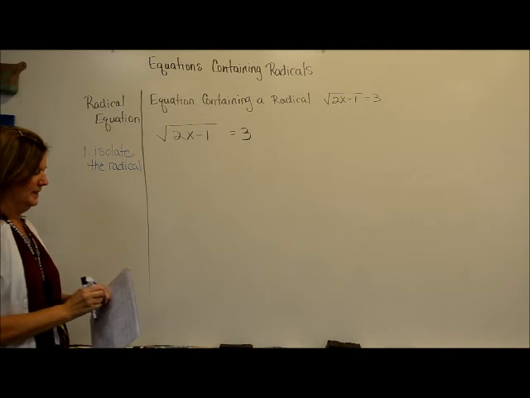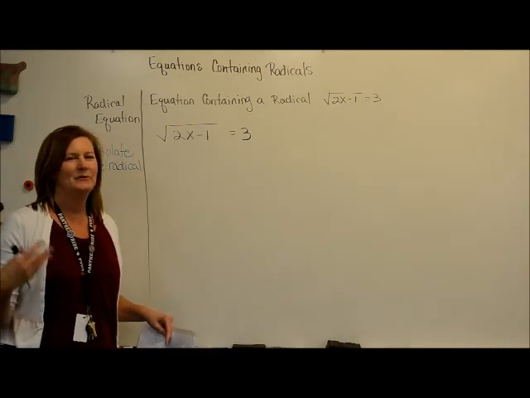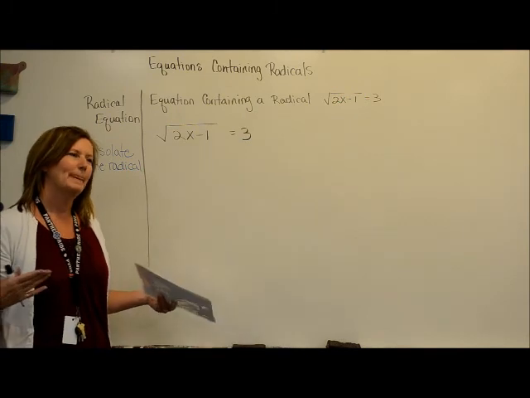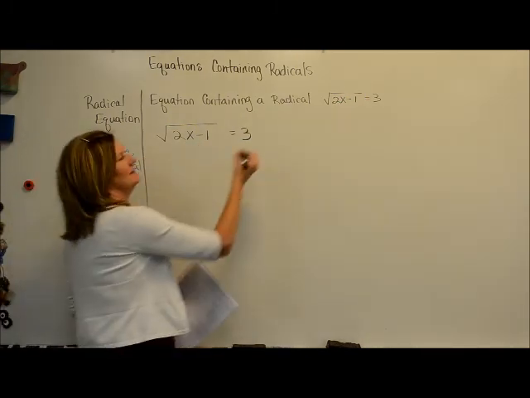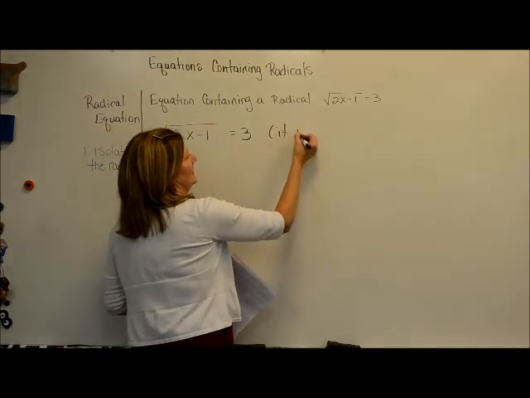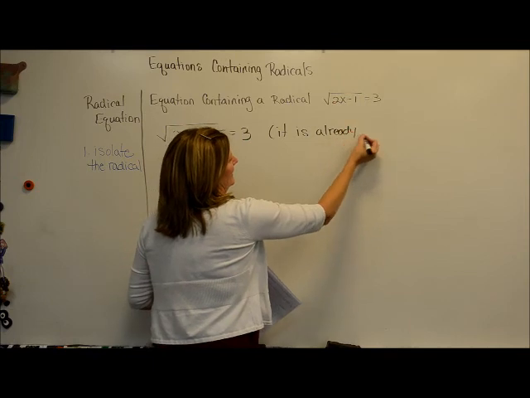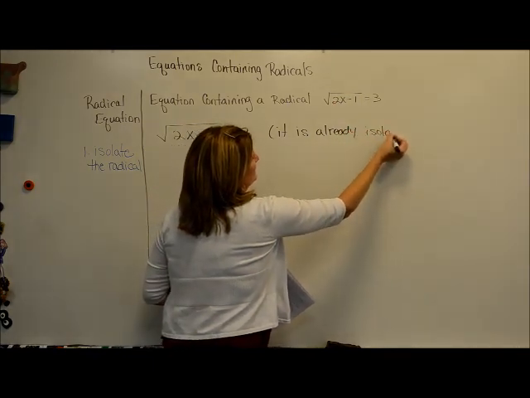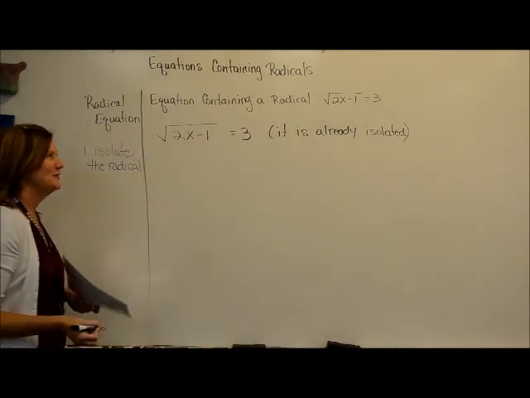Of course, you know what isolate means. Isolate the radical means you get the radical on one side by itself. Well, in this one the radical is already isolated. So why do we need that step? Well, this time it's already isolated because I just started out pretty simple here.